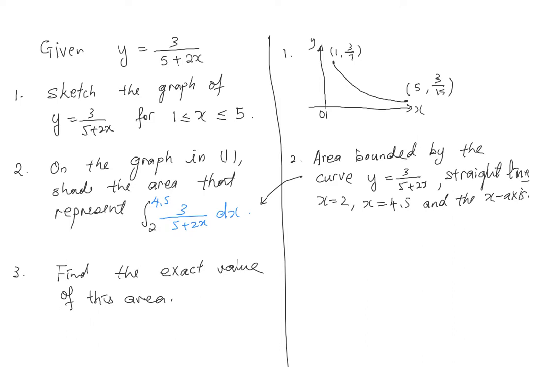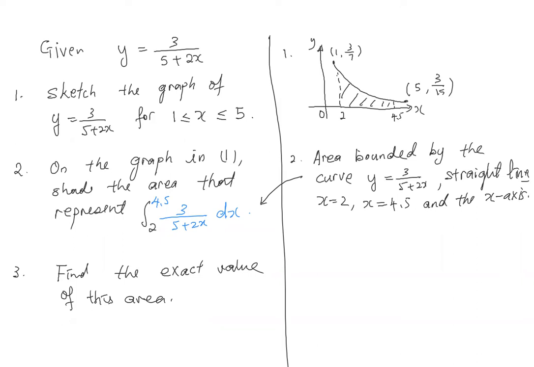Here is your 2, and here is your 4.5, and you shade this. For part 2, you just need to shade it correctly. You don't have to interpret, unless the question says interpret. Do you get me?